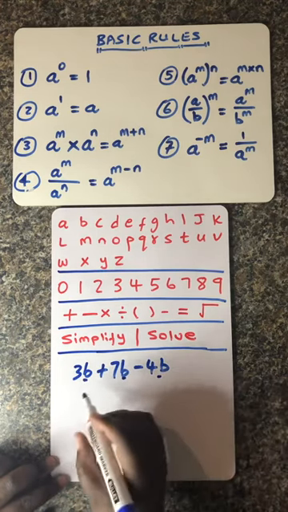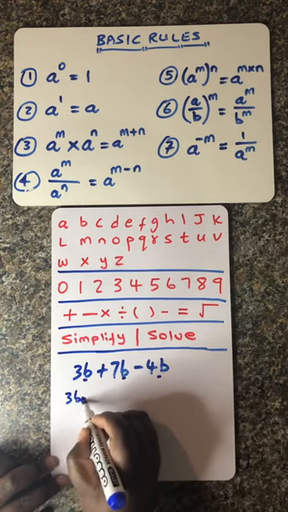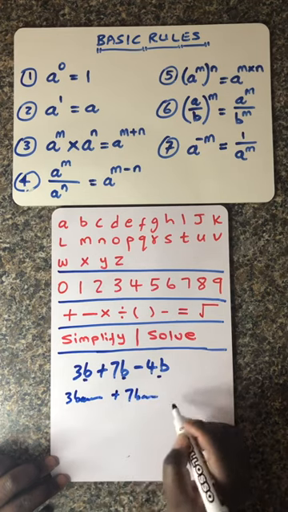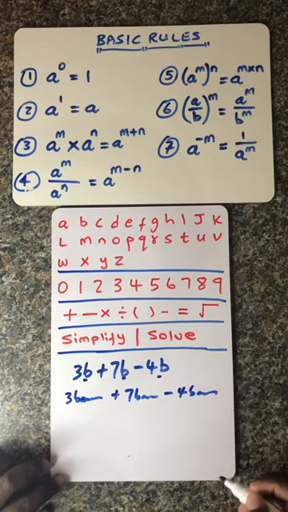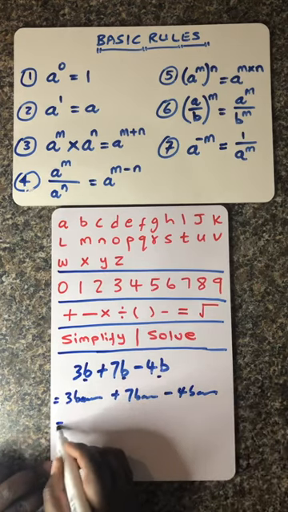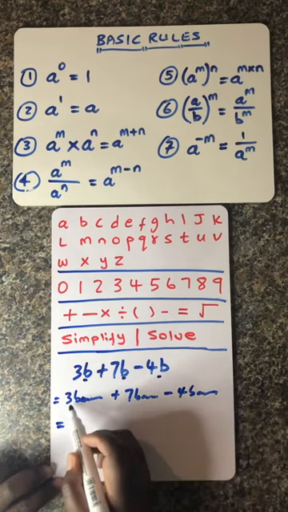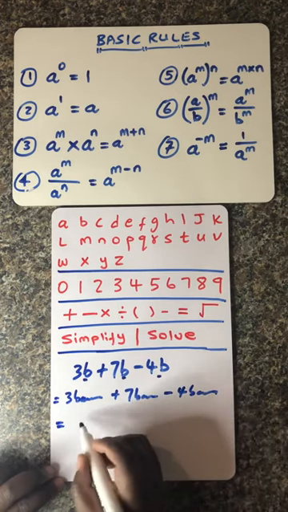Remember, guys, just to make it simple, it's more like you've got 3 bananas, plus 7 bananas, minus 4 bananas. So let's simplify. It's like you've got 3 plus 7 bananas. How many bananas have you got?